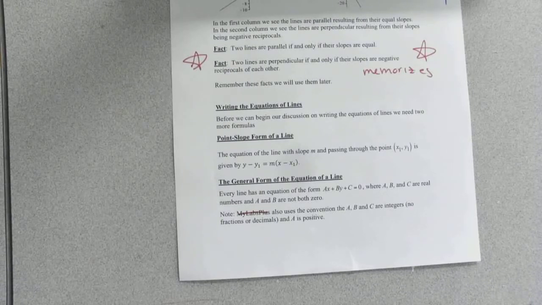Now, I will not ask for general form of a line, but the homework does. And so in the homework, when they ask for a general form, that just means they've got a 0 on one side, everything else on the left. A, B, and C are integers with the A positive. But I will never ask for it.